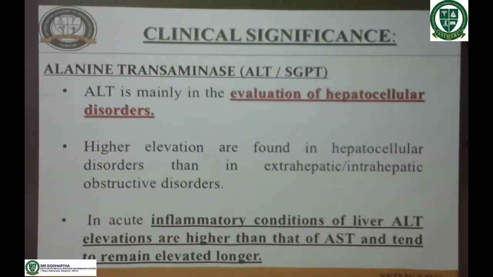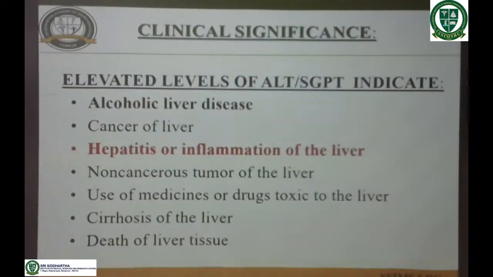During acute inflammatory conditions, the ALT concentration will be higher than the AST concentration, which gives the indication that the cause is an acute inflammatory condition.